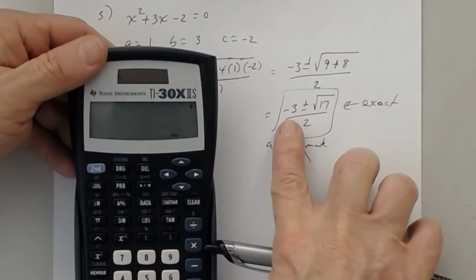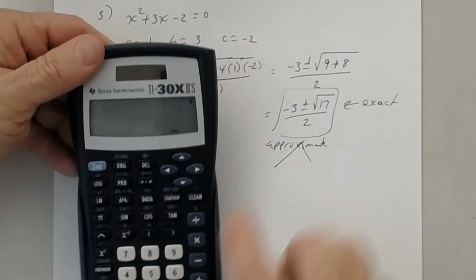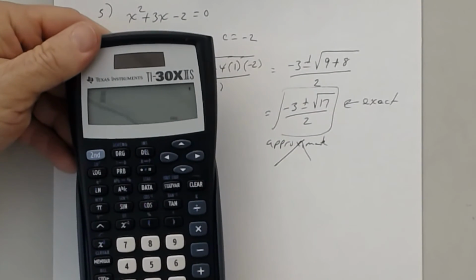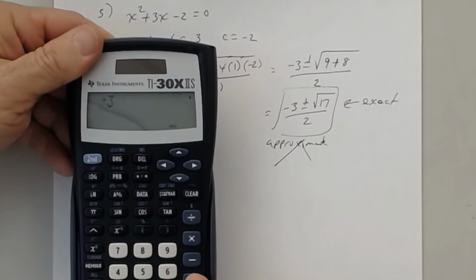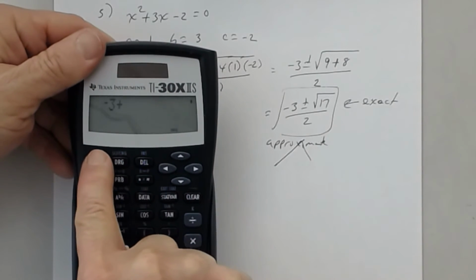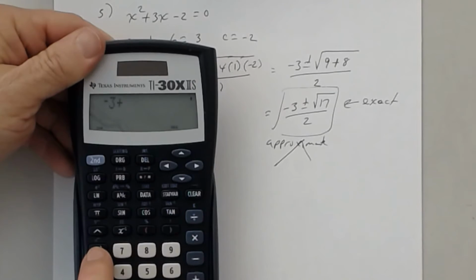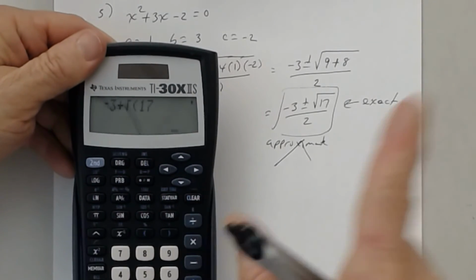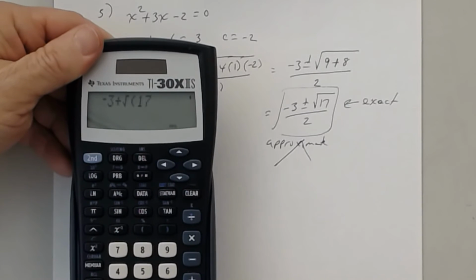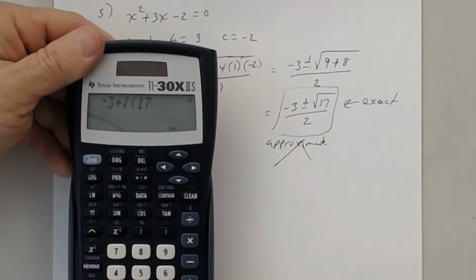You're going to do the numerator first. So what do I type in? -3. What else? Plus. And then what else? Square root. So I'm pressing the square root button. What else? 17. Now that's the numerator. Now, say equal first.